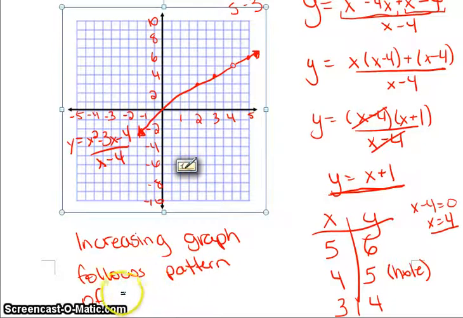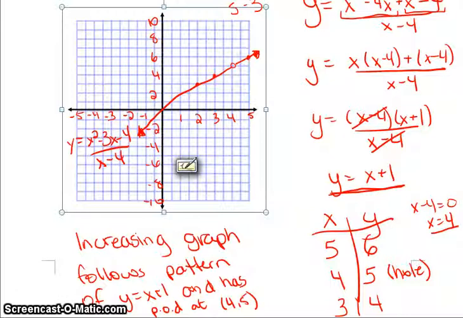So it follows a pattern of the equation y is equal to x plus 1 and has a point of discontinuity at, and we'll give the coordinate there, 4 and 5. Okay? So just talk about what's happening at that non-permissible value.